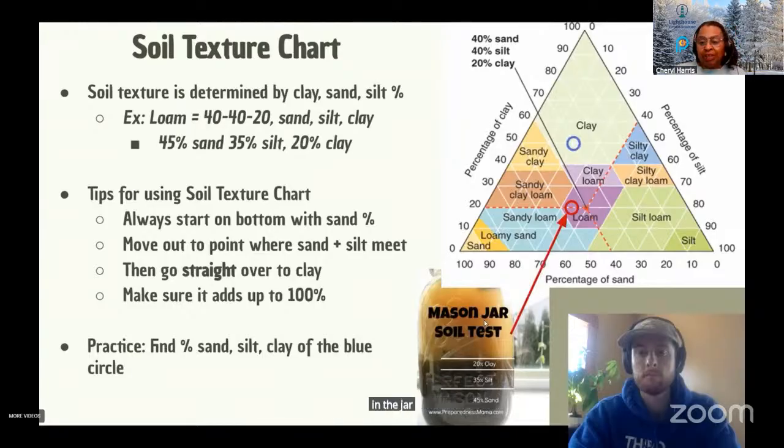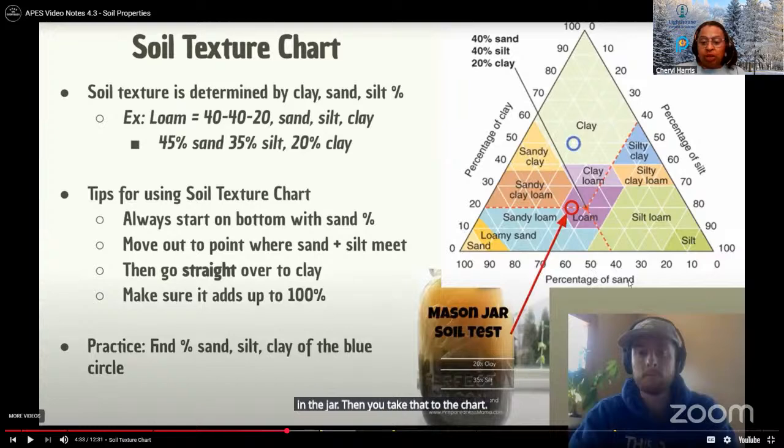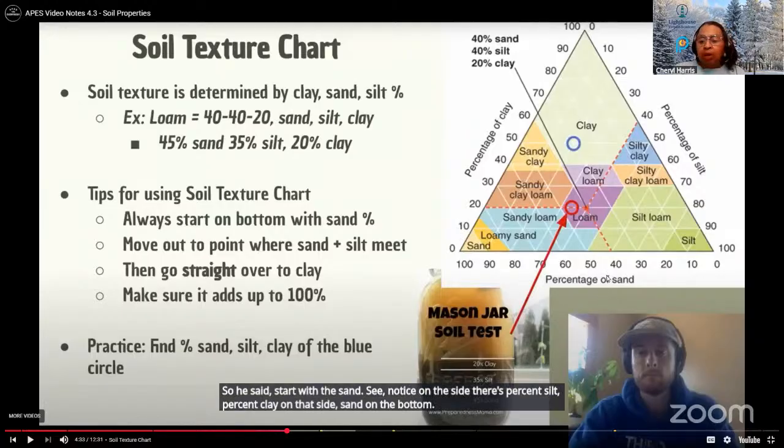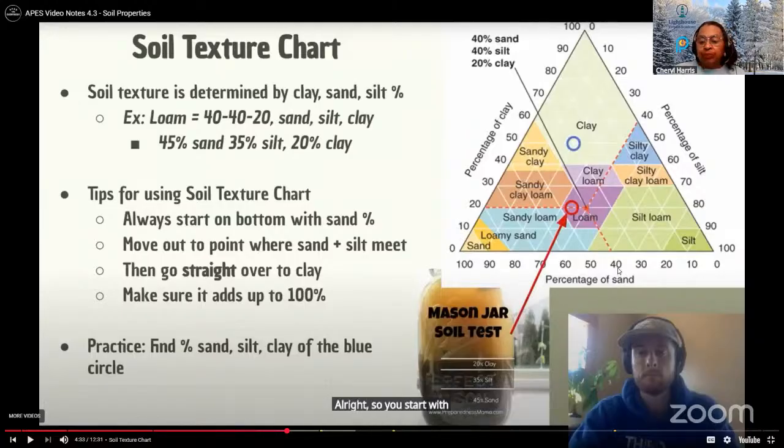Then you take that to the chart. So he said start with the sand. See, notice on the side there's percent silt, percent clay on that side, sand on the bottom. All right, so you start with the 45% sand. So somewhere over here with 45, roughly on this side. And you run that up till you get roughly the 35% silt, and you run them together till they meet.